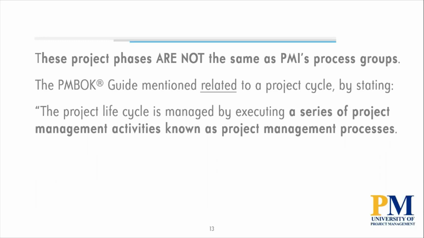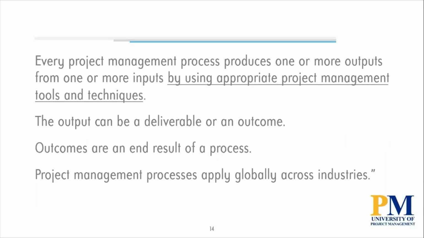The PMBOK Guide mentions it's related by saying that the life cycle is managed by executing a series of project management activities known as project management processes. And that every project management process produces an output, and you hand off the output to the next process.